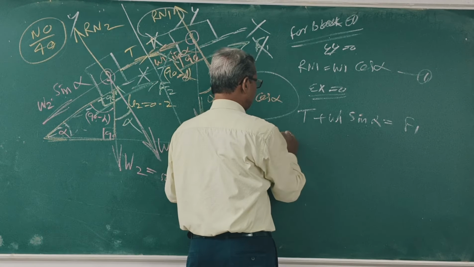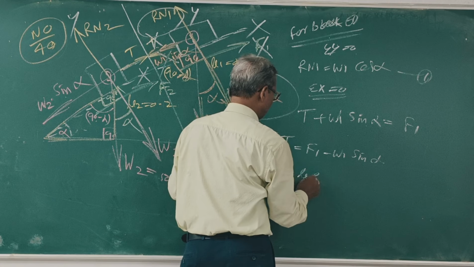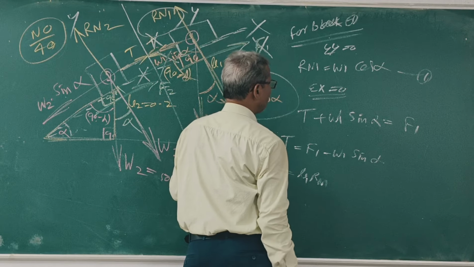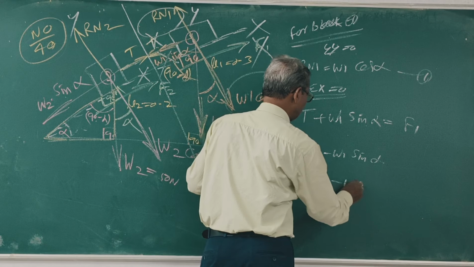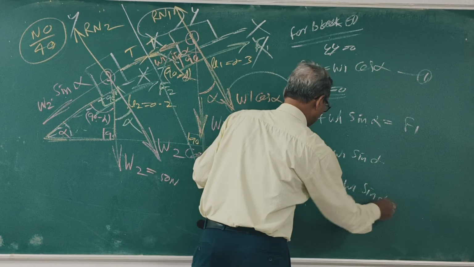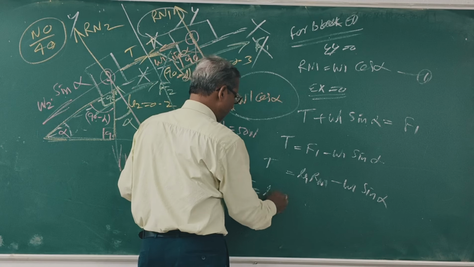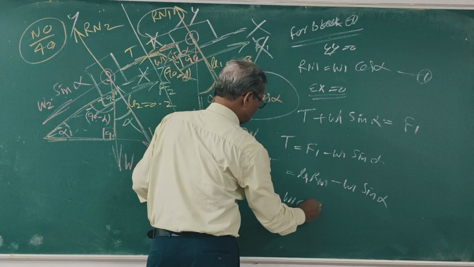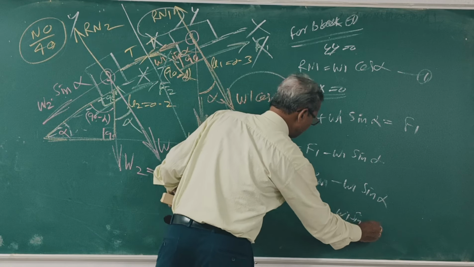What is F1? mu1 Rn1. So T is equal to mu1 Rn1 minus W1 sin alpha. What is Rn1? W1 cos alpha. So T equals mu1 W1 cos alpha minus W1 sin alpha. Equation 2. Clear?